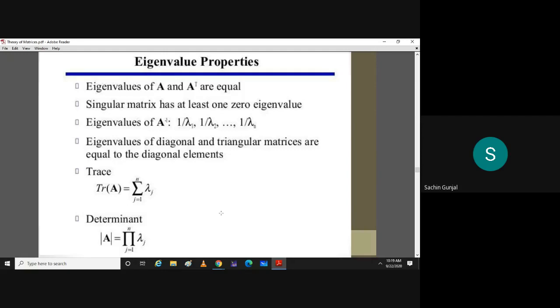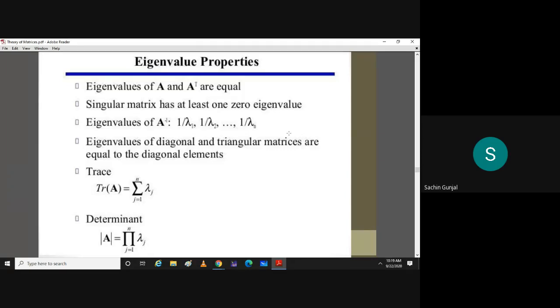So for a singular matrix, at least one eigenvalue has to be 0. And what about a non-singular matrix? No eigenvalue is 0. They all are non-zero.